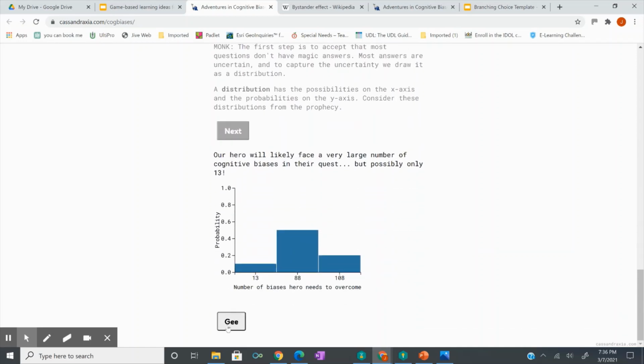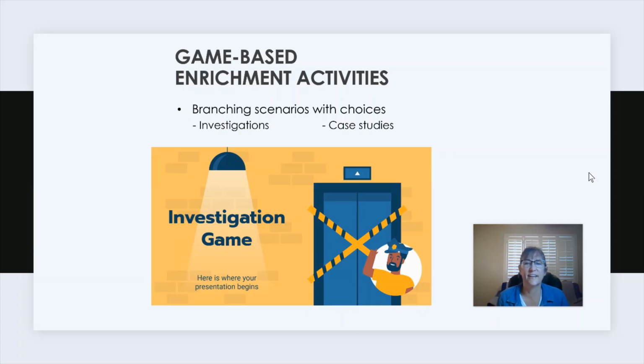So there's a variety of things that you can incorporate when you're creating a game, developing a game, but in the context of an adventure scenario that kind of motivates them to continue moving forward and spend more time reading and processing the information than they might otherwise.